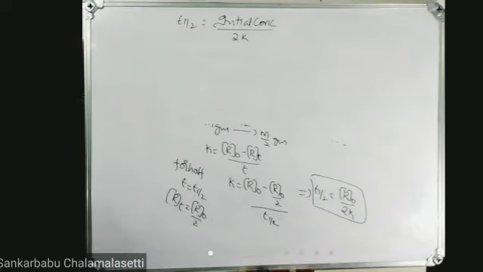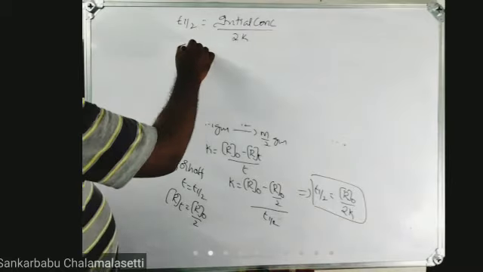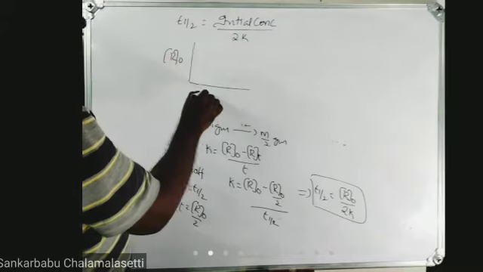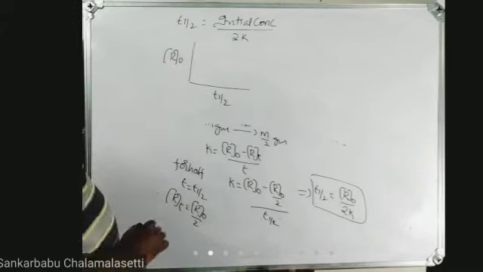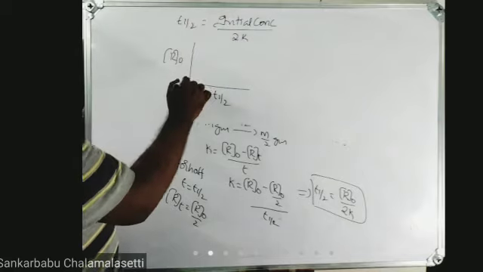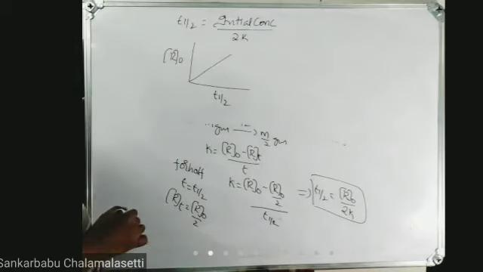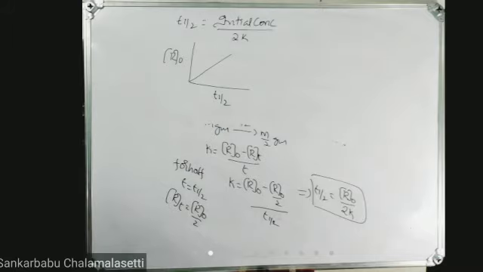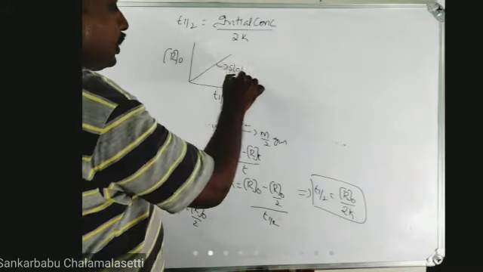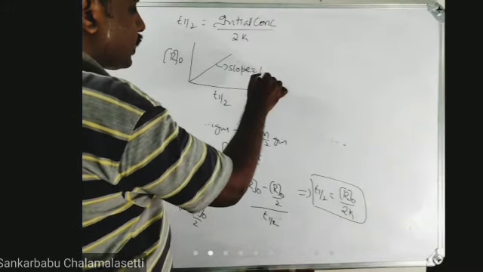If we draw a graph between initial concentration R naught versus T half, both are directly proportional. The graph is a straight line passing through the origin. The slope becomes equal to 1 by 2K.